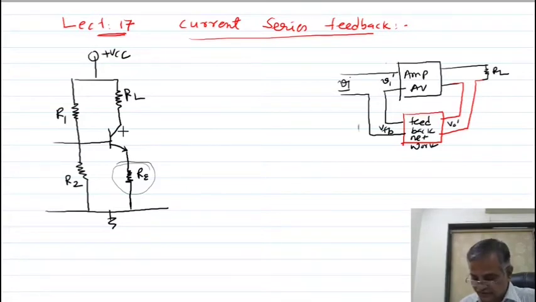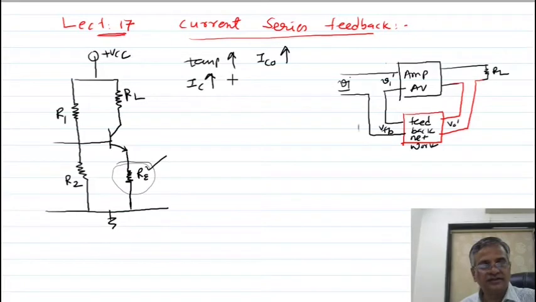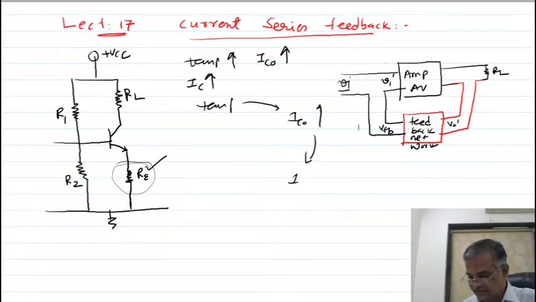See here how this works. This is DC feedback. Suppose the temperature of the circuit increases, then leakage current increases, then IC increases. You already know that. So as temperature increases, ICO increases, IC increases, because IC is nothing but beta plus one times ICO.